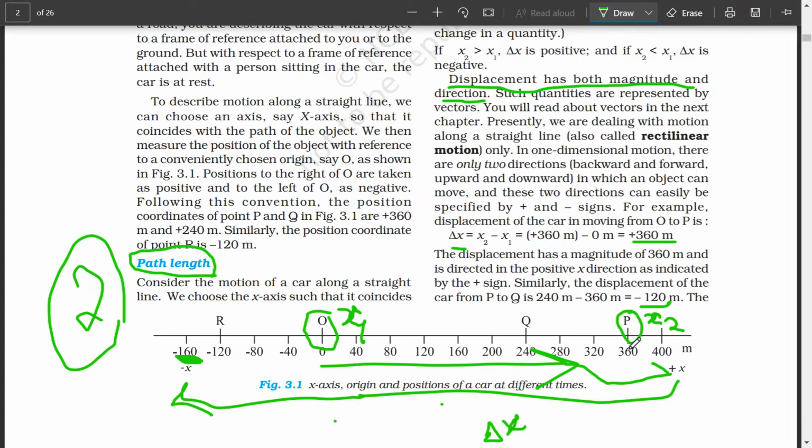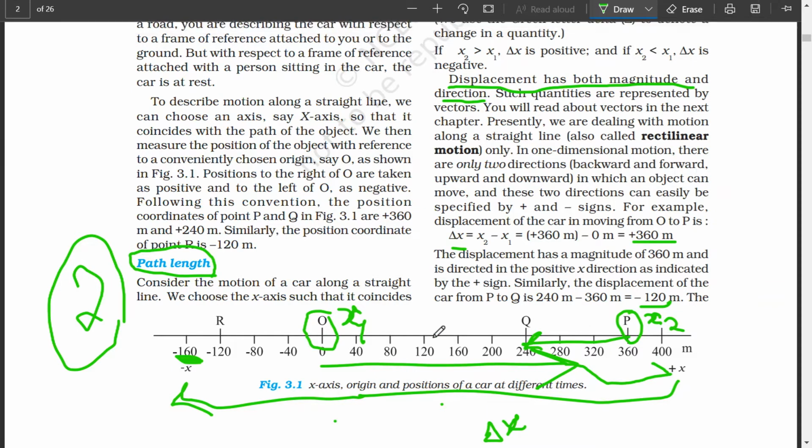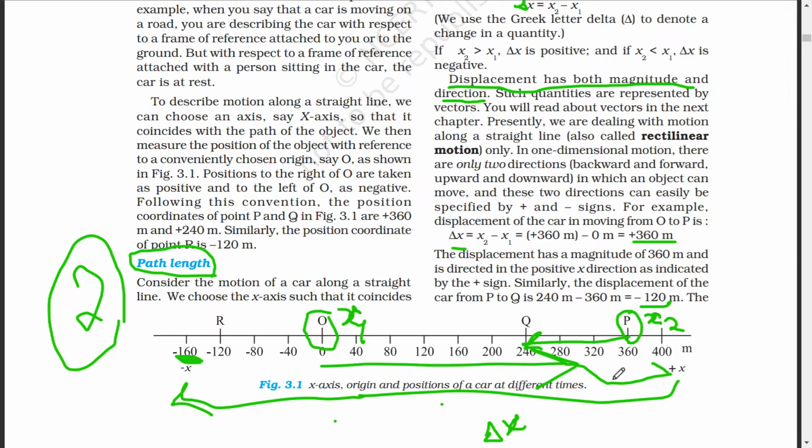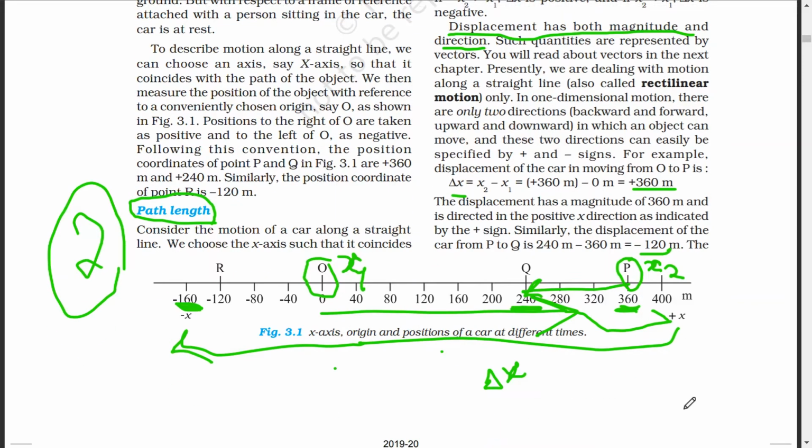From P to Q it is going backward, and we have taken as a convention that we will take the left side as negative and the right side as positive. In this case, from P to Q it is moving from positive to negative. So what is the final position? The final position is 240, and the initial position is 360 meter. So here x2 is less than x1, therefore the displacement will be negative.